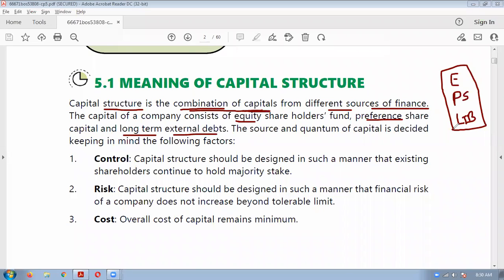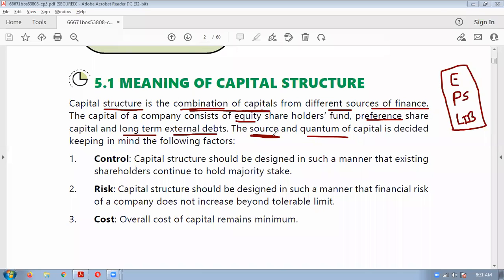Now, before deciding the capital structure, you should take into consideration some important points, that is, how you have to structure your capital, whether you should be a more equity oriented company or a debt oriented company. Before taking that decision, you should keep some factors in consideration. What are the factors you should keep in your mind before deciding the source and quantum of capital?